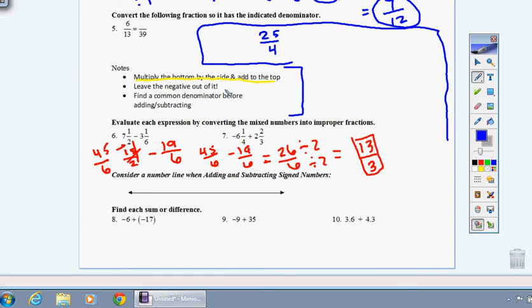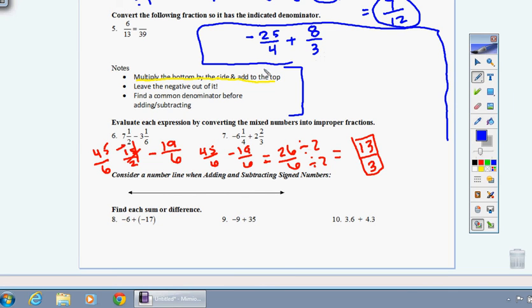Now I can add the negative back in. You leave the negative out when multiplying, but you still have to add it back in after. So I have negative 25 over 4 plus 2 times 3 is 6 plus 2 is 8, plus 8 over 3.